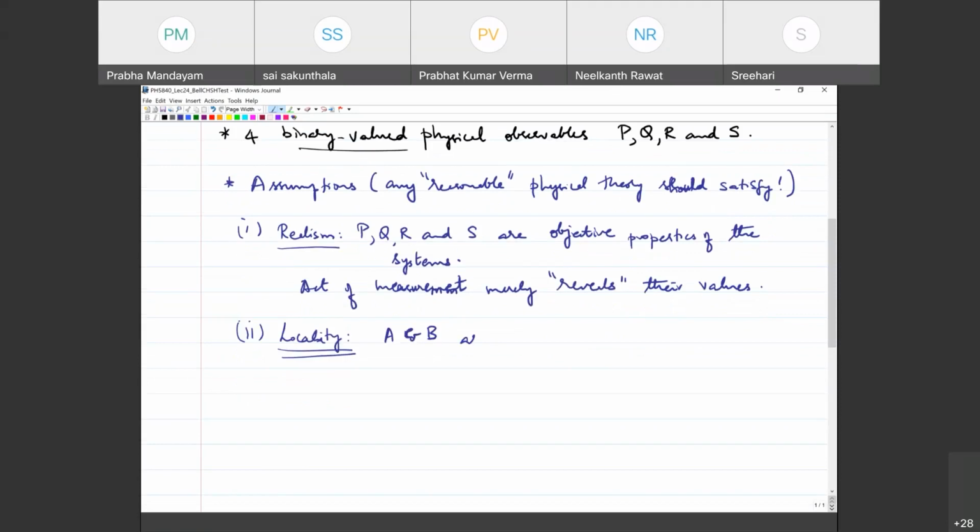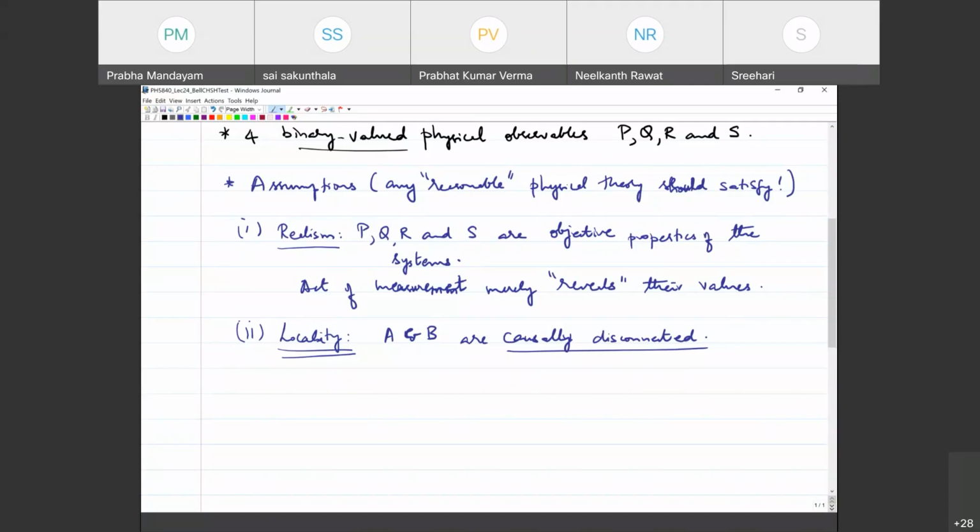What happens in A cannot affect what happens in B in any physical way, right? There is no physical connection between A and B within the boundaries of space-time. They are in disconnected regions of space-time. So what happens in A cannot really affect B, and what happens in B's lab cannot affect A's lab, which means their measurement choices cannot affect each other, etc.